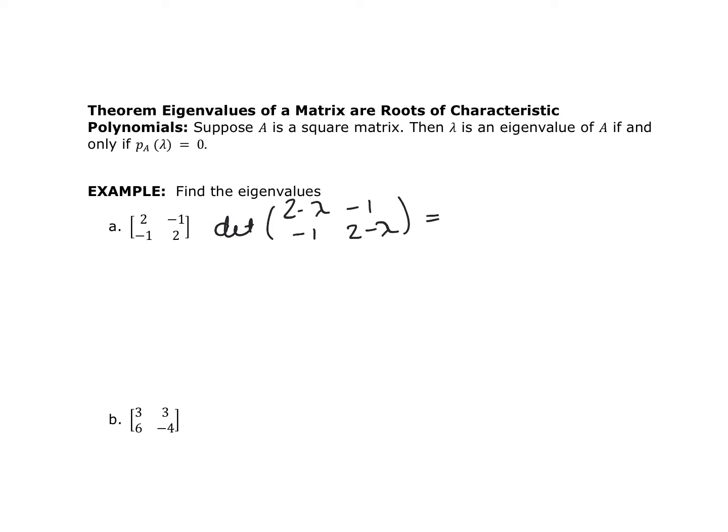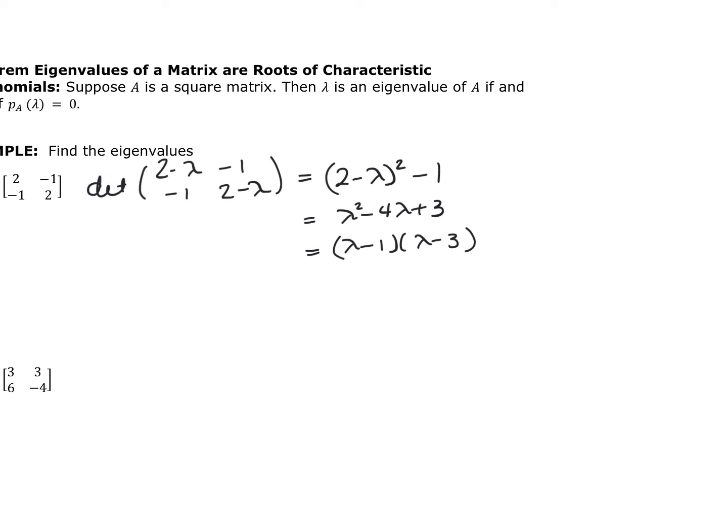Doing our regular multiplication, I'm going to get 2 minus lambda, quantity squared, minus 1. Multiplying everything out, I get lambda squared minus 4 lambda plus 3, which factors into lambda minus 1 and lambda minus 3. So we have lambda is 1 and lambda is 3.